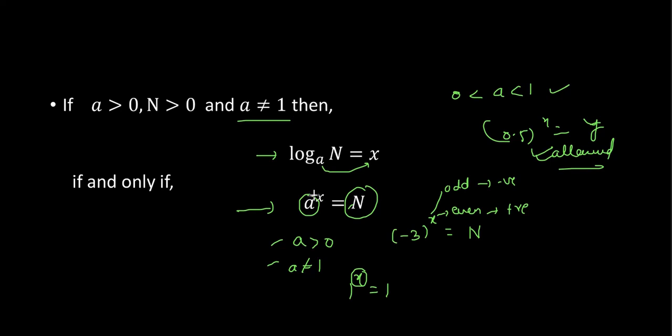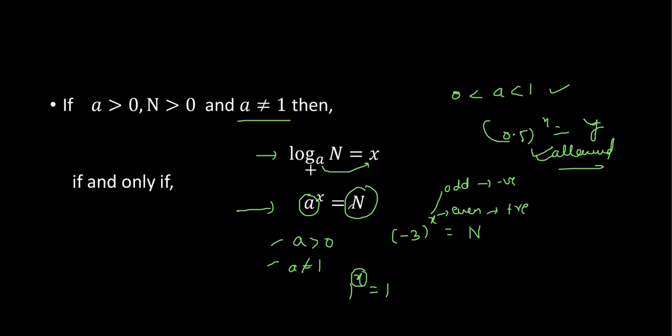If you have to remove the log and convert the equation into an exponential equation, this is how we can memorize it: x will be on the shoulder, or on the head, of a, since a is at the feet of x. So a raised to power x is equal to n. This is how we can interchange exponential form to log form or vice versa.